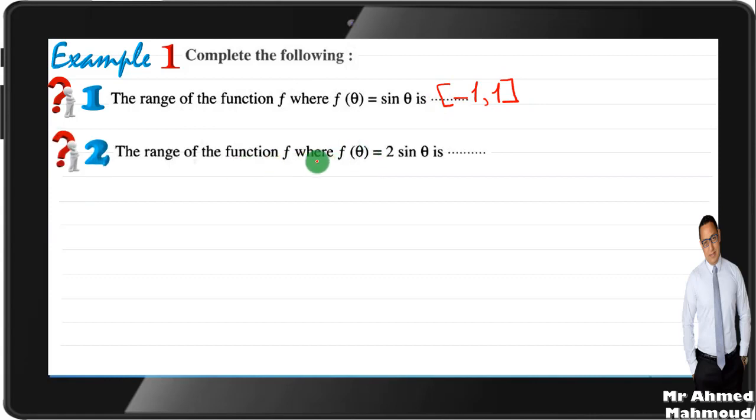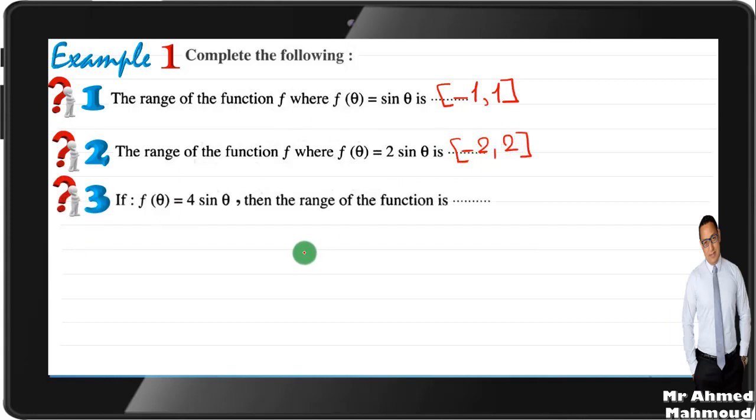The range of the function 2 sine theta, because we have here 2, will be from negative 2 to 2 closed. And f of theta equals 4 sine theta, the range, because we have here 4, will be from negative 4 to 4.